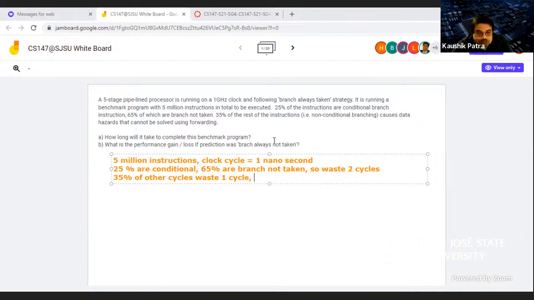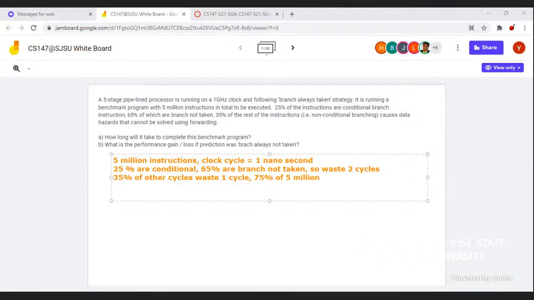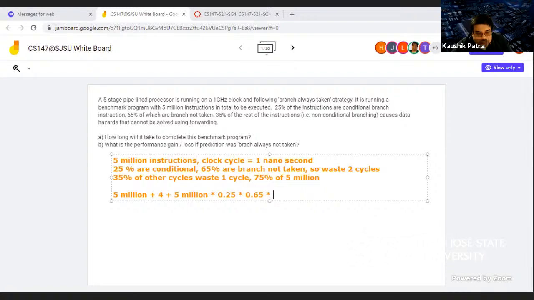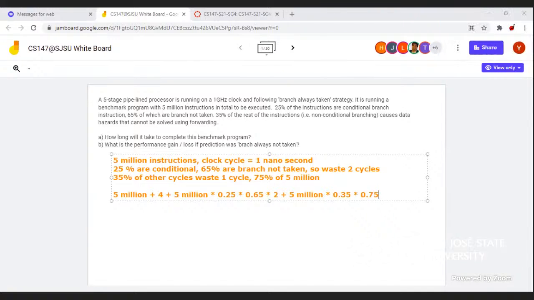So we came up with 5 million plus 4 plus 5 million times 0.25 times 0.65 times 2 plus 5 million times 0.35 times 0.75. And that gives the answer.